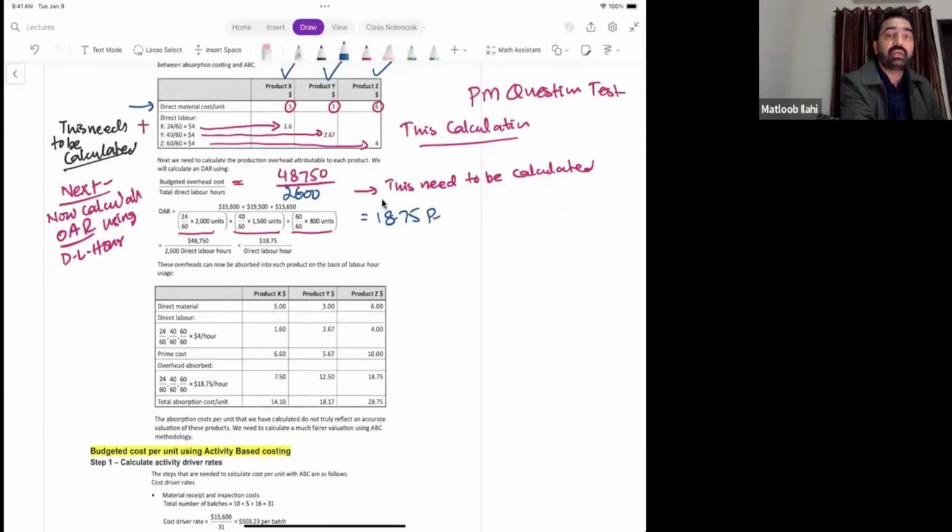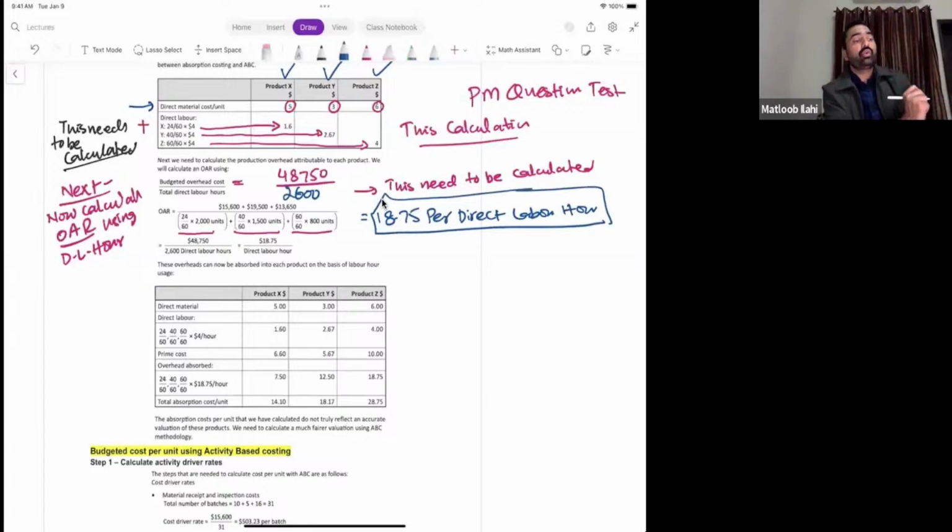18.75 per direct labor hour. Very good. This is the OAR, 18.75. So this is the hourly rate we have calculated.